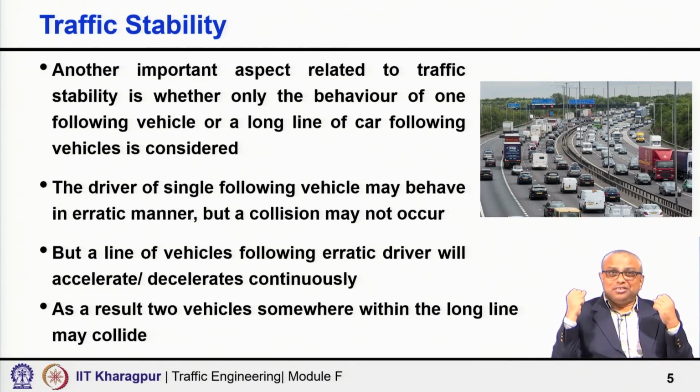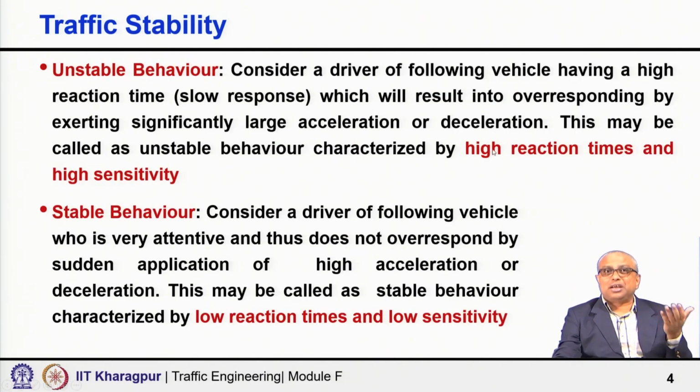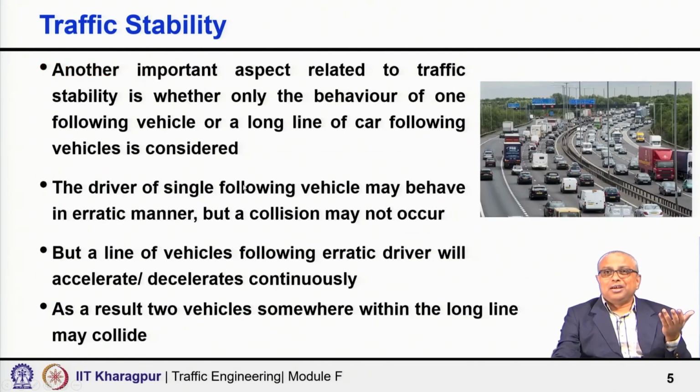So, the same response or same reaction time and sensitivity, even under unstable conditions, may not have the same impact on the traffic stream if there is only one lead vehicle and one following vehicle, versus a situation where there is a line of following vehicles. So, in the second case, the impact is likely to be more severe and eventually a collision may happen.